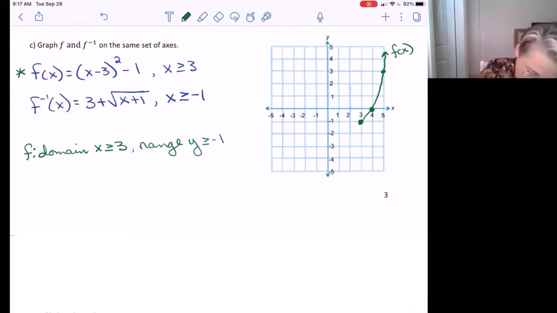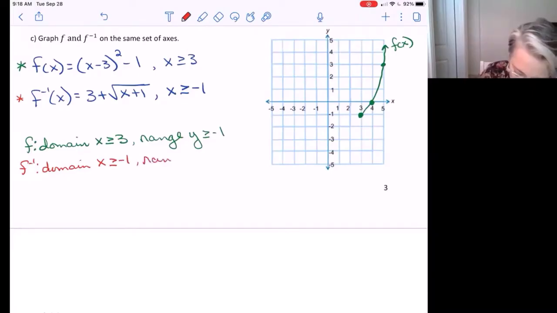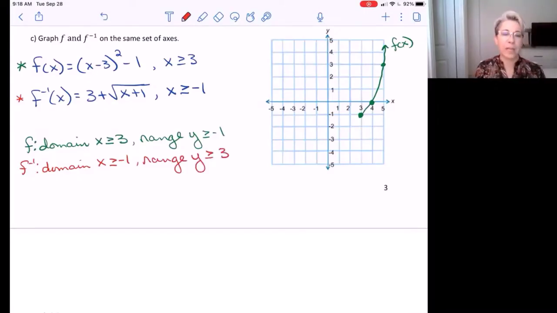So guess what? When we look at the inverse, that inverse function, its domain is x is greater than or equal to -1. So guess where our range is going to start? Everything flips, right? So our range value of y is going to be greater than or equal to 3.